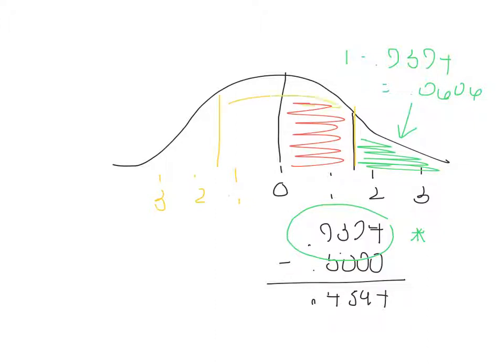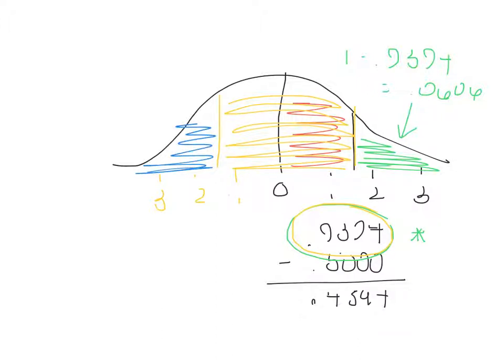We're looking for this total area in between. So we look up both areas below. We already know the area below a z-score of positive 1.55 is 0.9394.